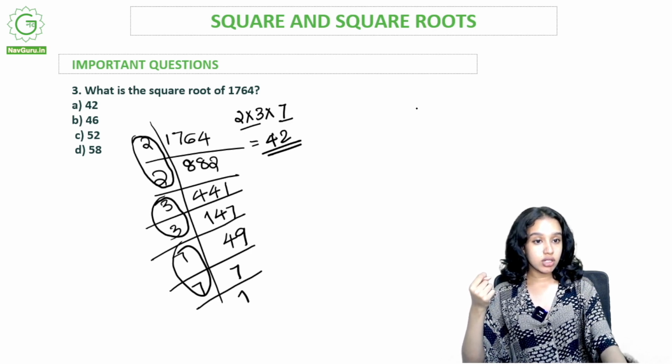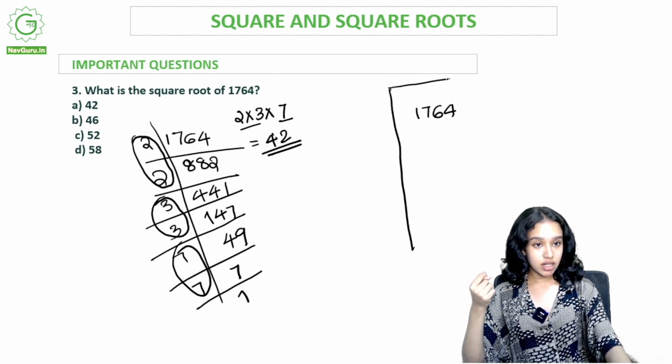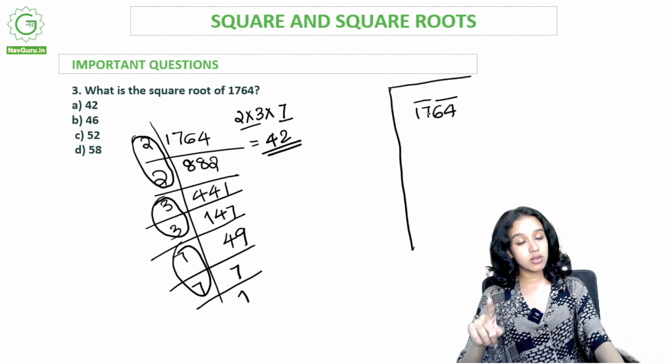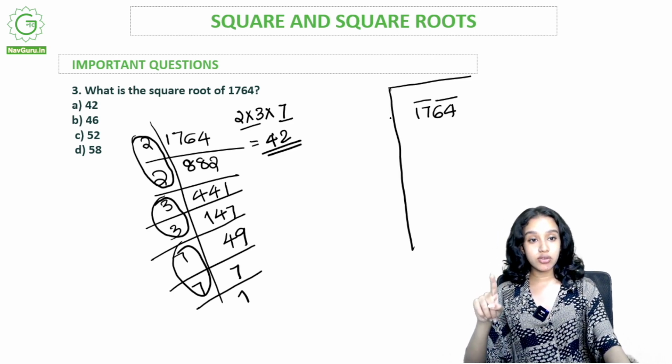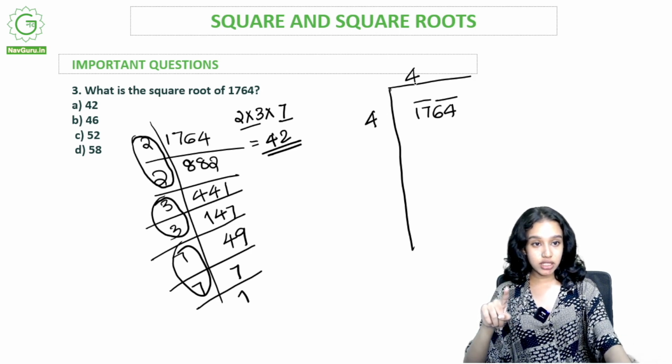Now let's do the long division method. 1764. Okay. Now we are pairing the digits from here. These are the two pairs. Which is the closest square near 17? It's 4 squared. 4 into 4 is 16. So we put 4 here and we put 4 here too.